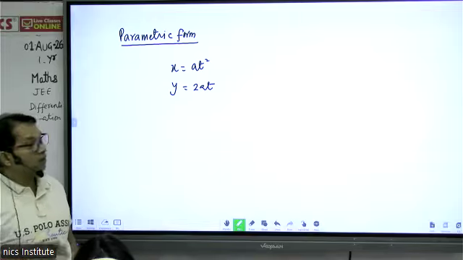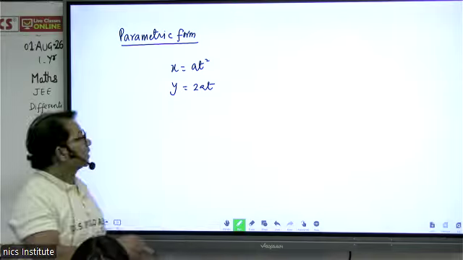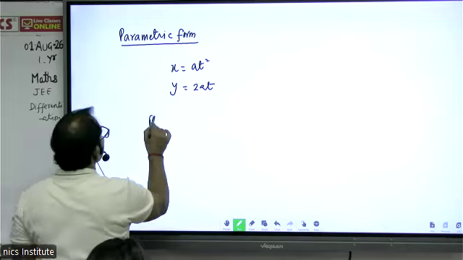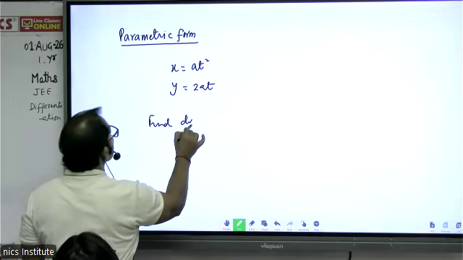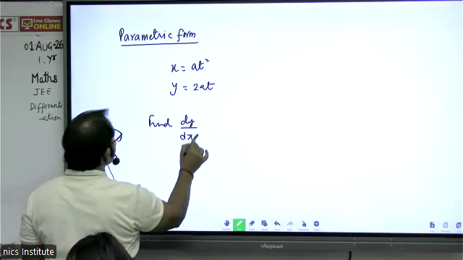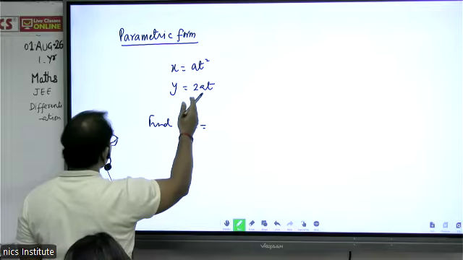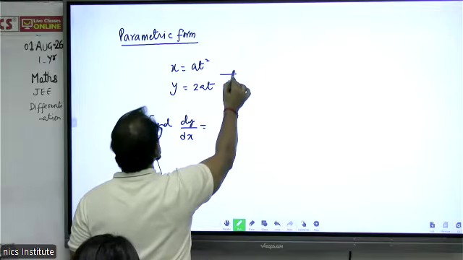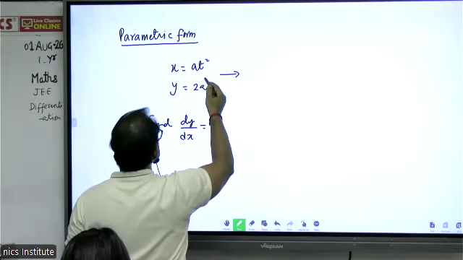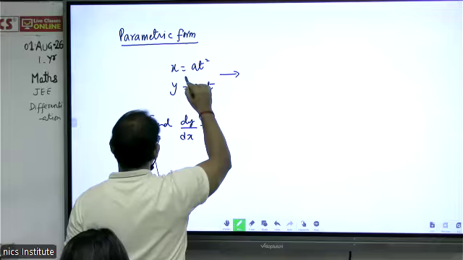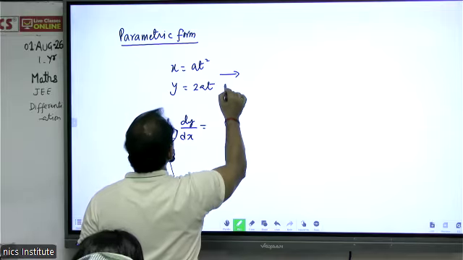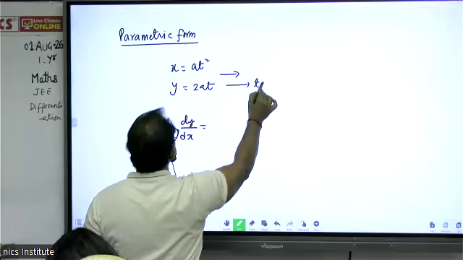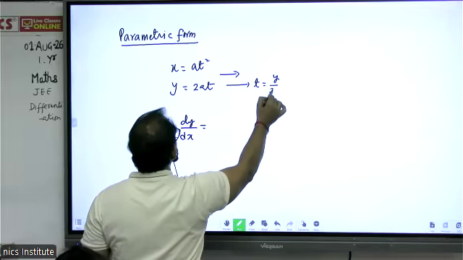A is a constant, some real number. And the question would be that find dy by dx. So since x and y both are variable, t is also variable. And you see, if I replace t, it'll become a Cartesian equation. For example, t is y divided by 2a.